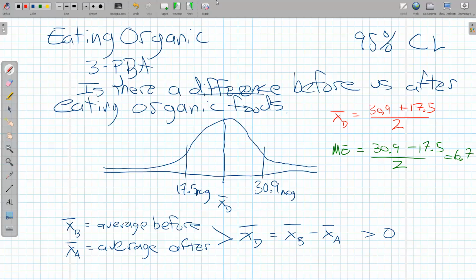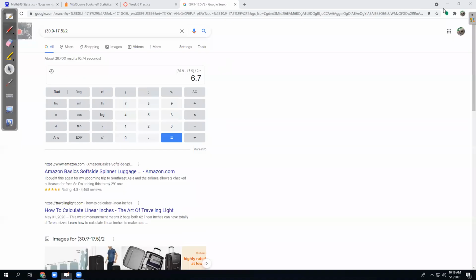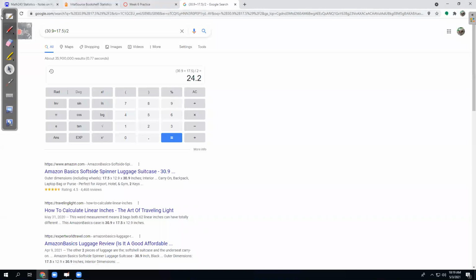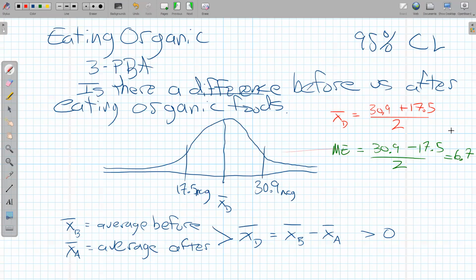And then switch to a plus to get the middle. 24.2 should be in the middle of the distribution. And then this was our margin over here.